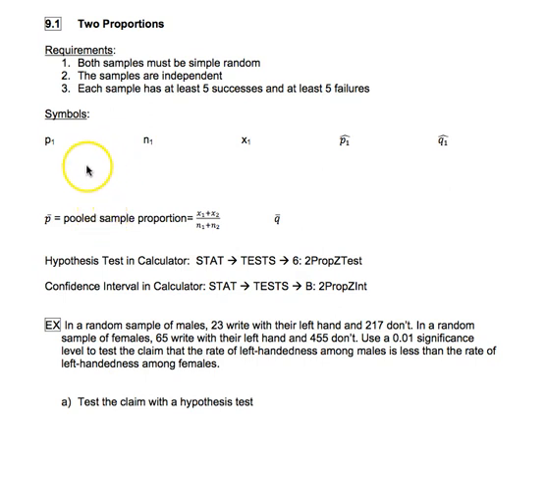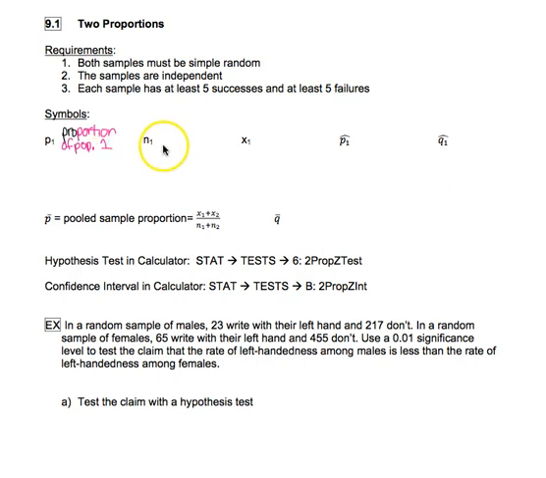Because we have 2 samples, we have a lot of new symbols. I'm sure you could probably guess what many of them stand for, but we're going to write them out here. P sub 1 stands for the proportion of population 1.